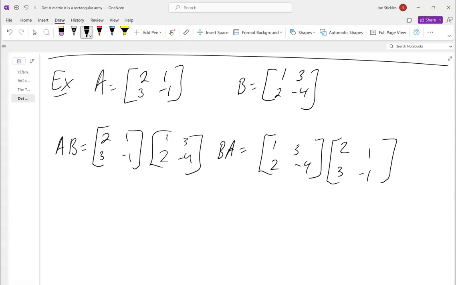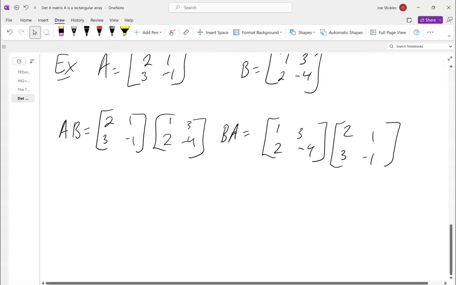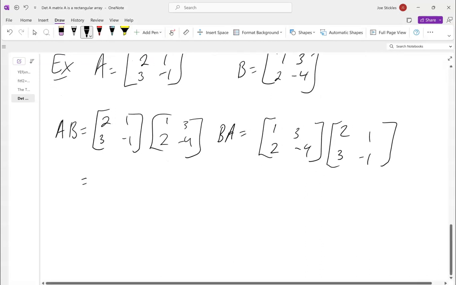So in both cases, the number of columns of the first equals the number of rows of the second. Right? There's no issues with being able to do it. Okay. However, we should notice something happen when we multiply here. What will be the size of the result in both cases? 2 by 2 again, right? The size of the result is number of rows of the first by number of columns in the second.